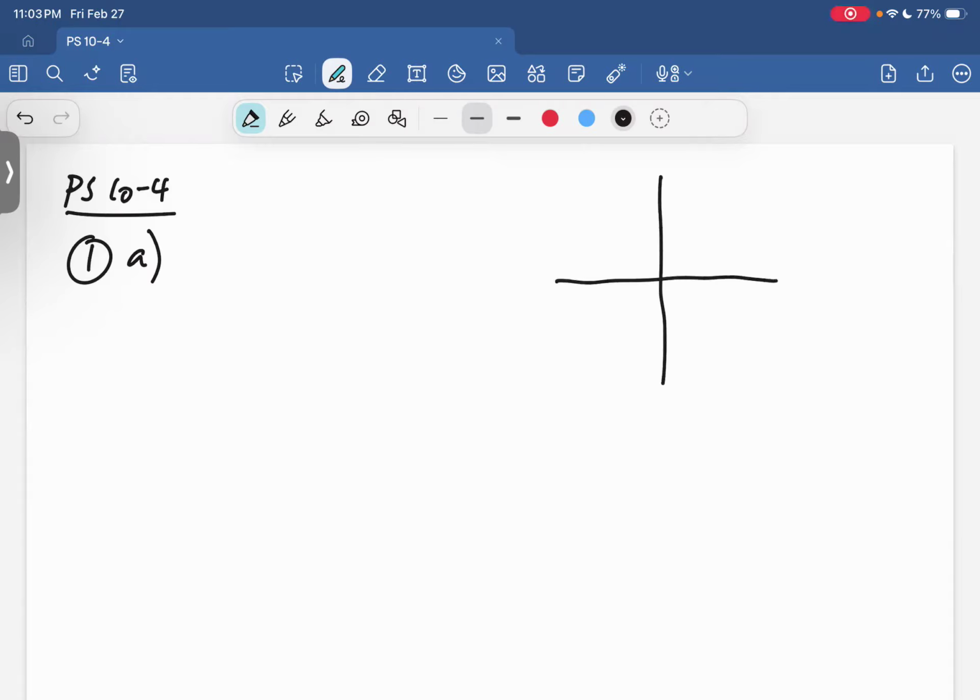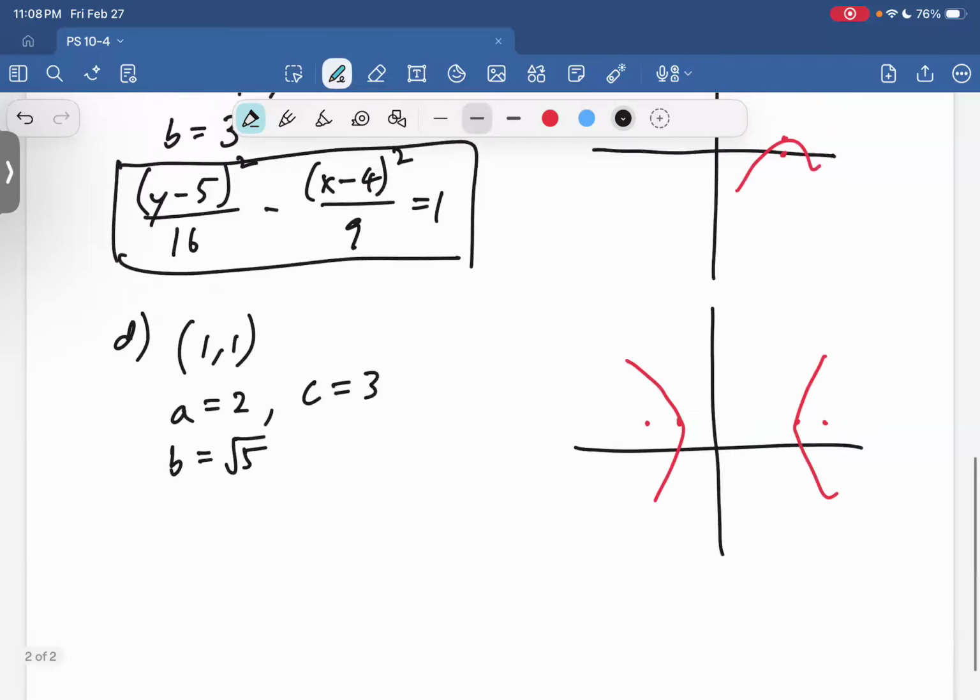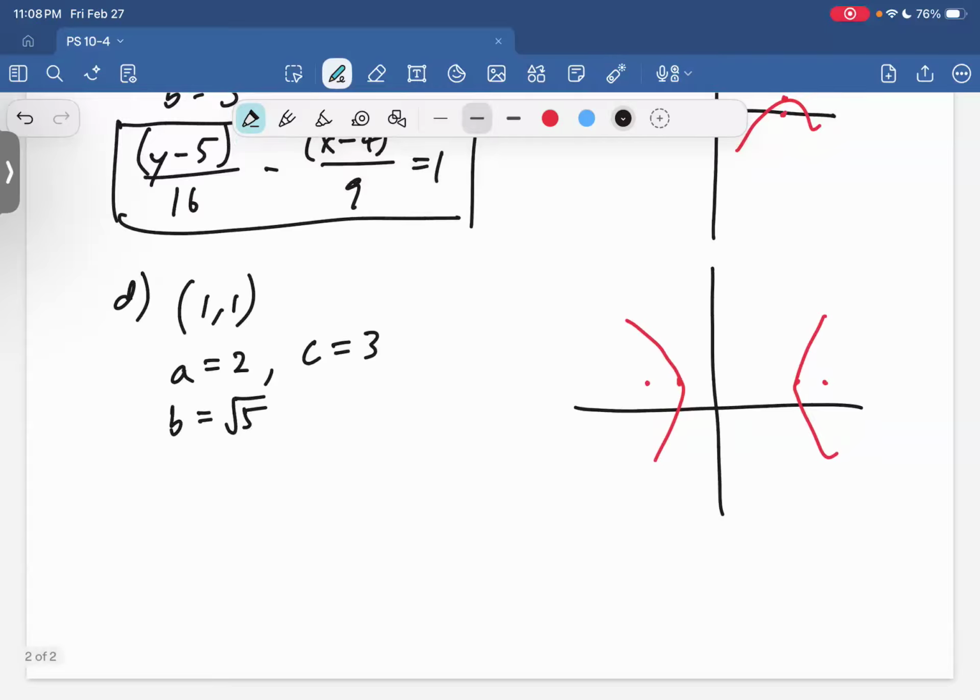So the center is going to be at 1, 1. and a equals 2, and c equals 3. So that means b equals root 5. 9 minus 4 is 5. Right? And so this is a horizontal hyperbola. So x comes first. X minus 1 squared over a squared. Y minus 1 squared over b squared equals 1.